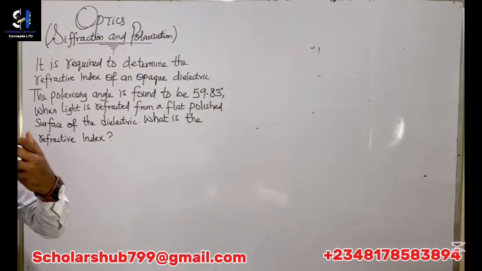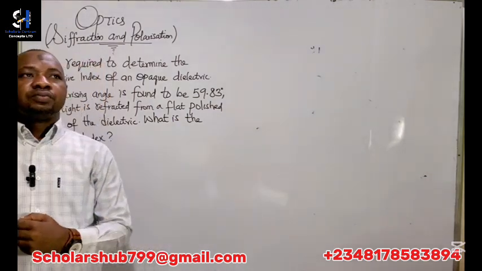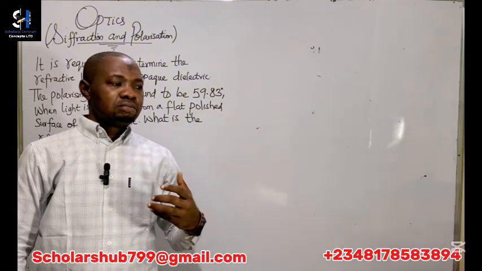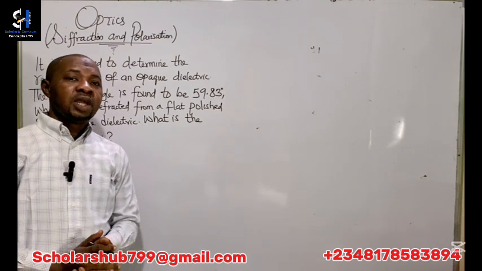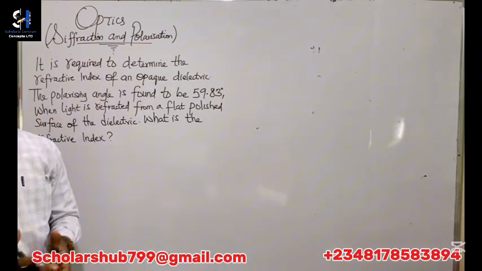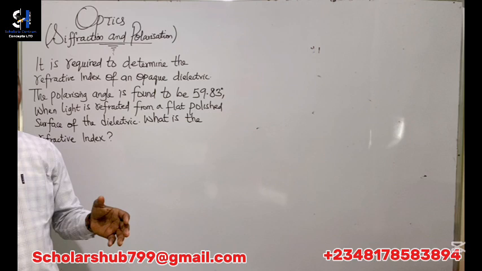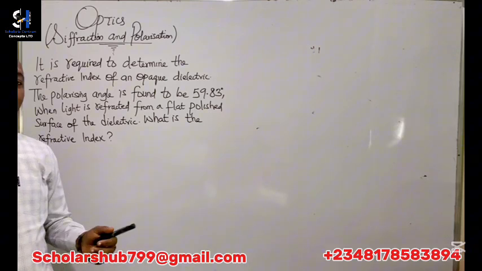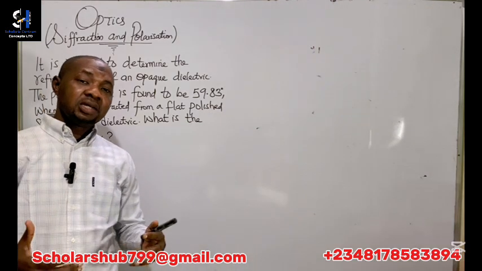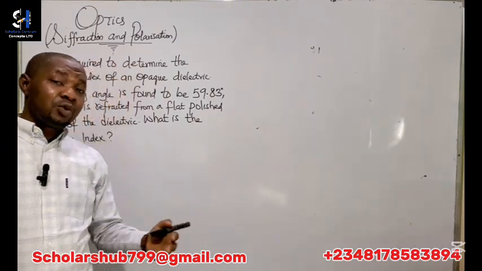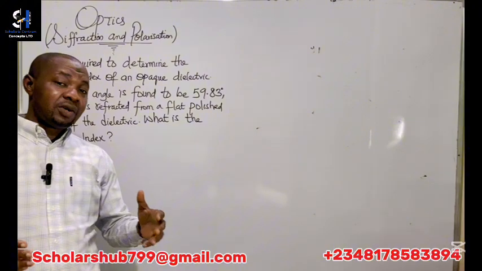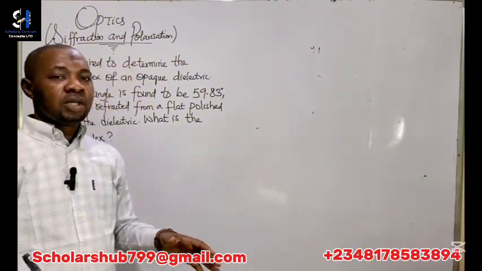Now, let me quickly cast our mind back to one of my videos where I explained electromagnetic waves. We know that an electromagnetic wave is a transverse wave consisting of electric field and magnetic field oscillating perpendicular to each other and to the direction of propagation.